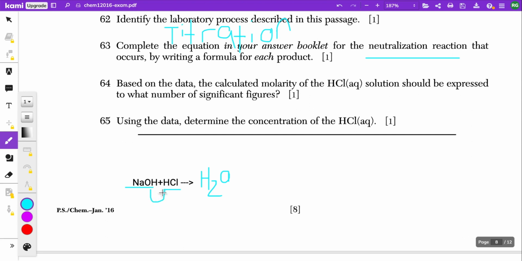They kind of swap partners, right? This OH matches to the H, and the Na matches to the Cl. So it's going to form NaCl. You don't have to balance this equation because it's already balanced.